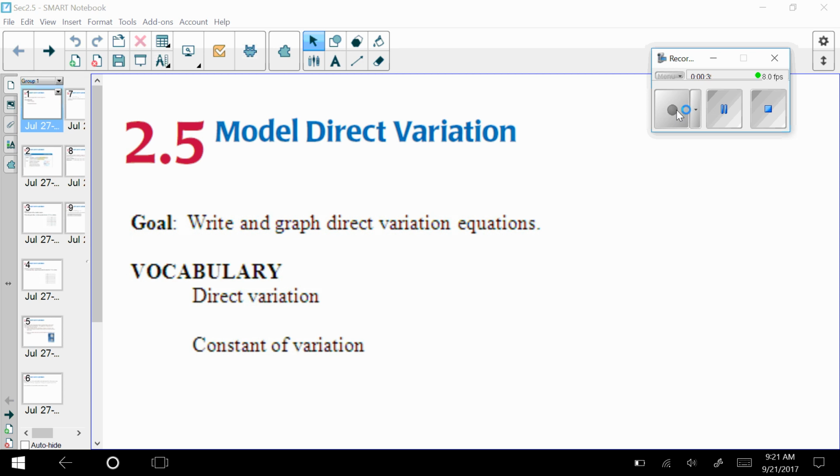So the graph for a direct variation model always intersects at the point of origin, which is 0, 0. So a couple of vocab terms, you've got direct variation and constant variation. For direct variation, we're going to write our direct variation model in the form y equals a times x.